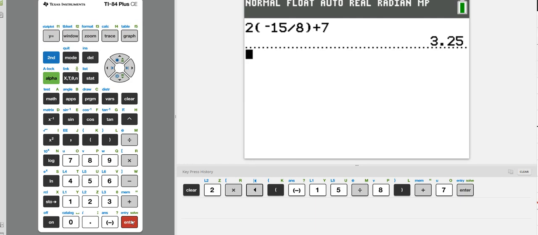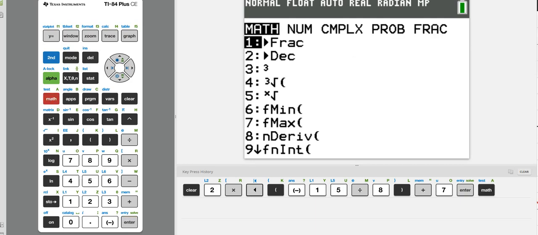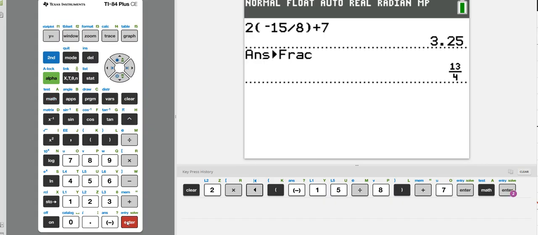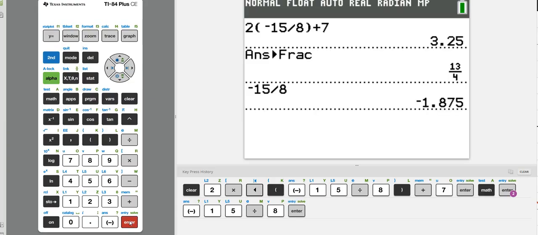Okay. If you wanted to, and a lot of times I do, I like fractions, 13/4, but 3.25, that's pretty good. Let's take a look at what negative 15 divided by 8 should be. This should be negative 1.875, I'm guessing. Ooh, yeah, on fire today.